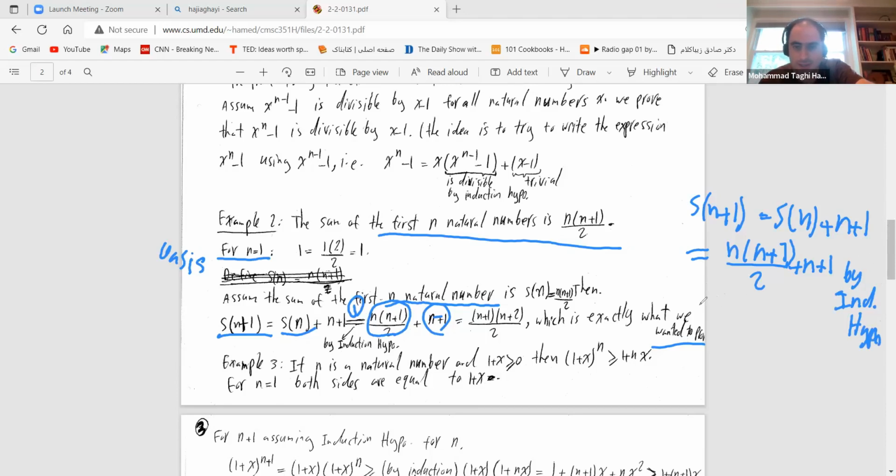Then again, it is equal to n plus 1 times n plus 2 over 2. And here you will say by some simple algebra.